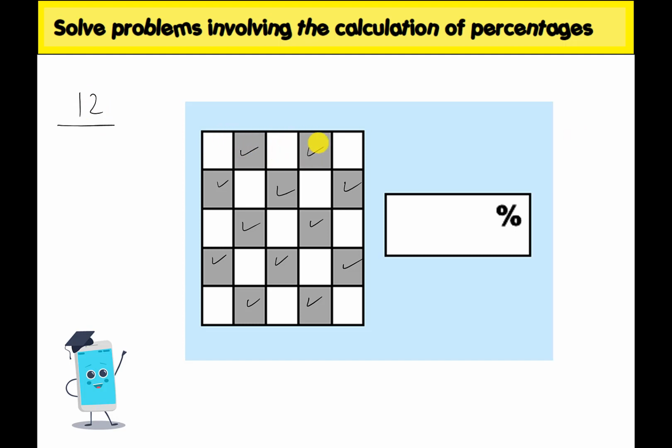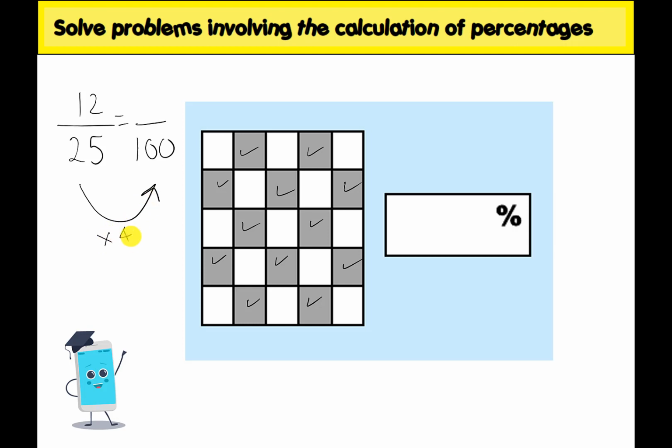12 out of what? 1, 2, 3, 4, 5. 1, 2, 3, 4, 5. 5 times 5 is 25. So my fraction of black tiles is 12/25. But I want to know what it is out of 100 because I want to know the percentage. How many times does 25 fit in 100?